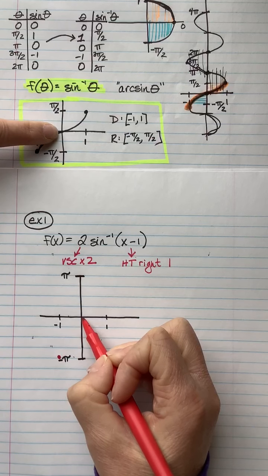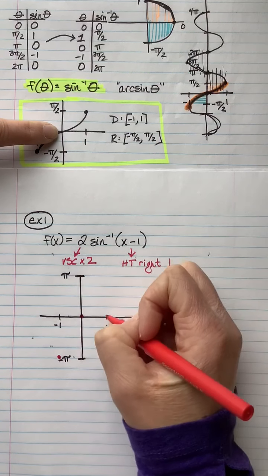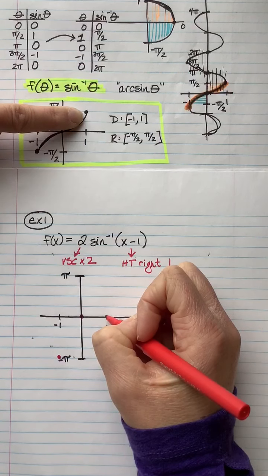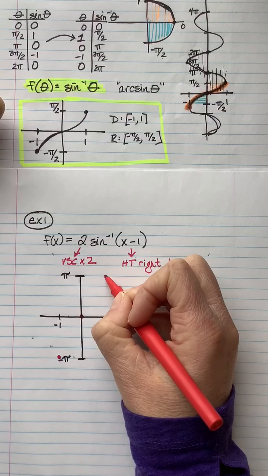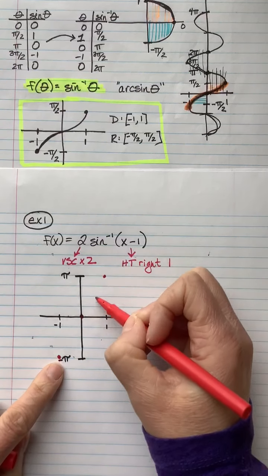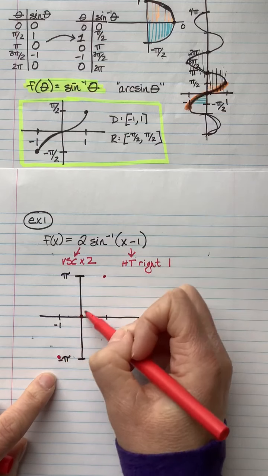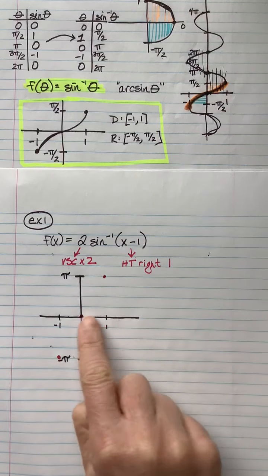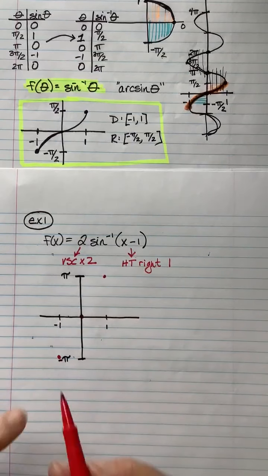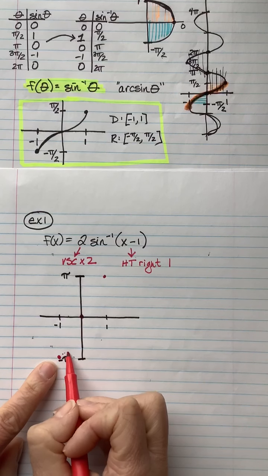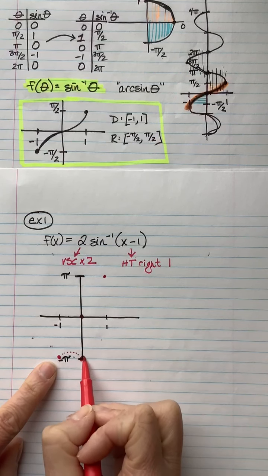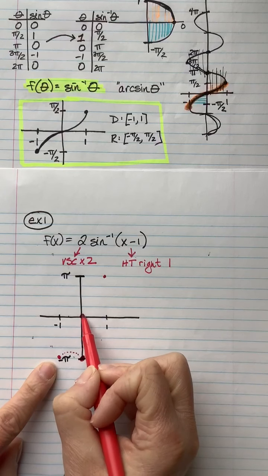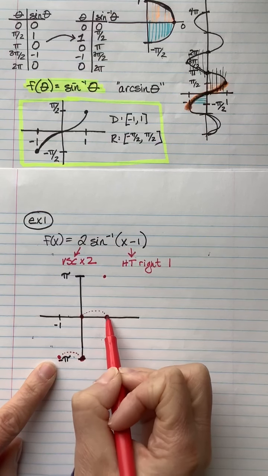Then 0, 0 doesn't change because 0 times 2 is nothing. And this one, instead of being right 1 up pi over 2, I'm going to go all the way up to pi. So this is going to be a much more vertically stretched function. But now these points are actually going to move right 1. So this point is actually going to move here. This point is actually going to move here.